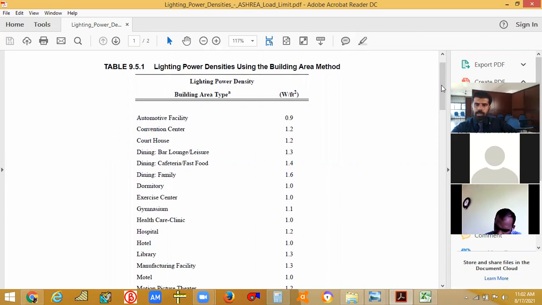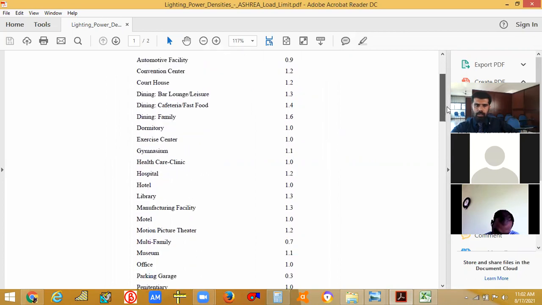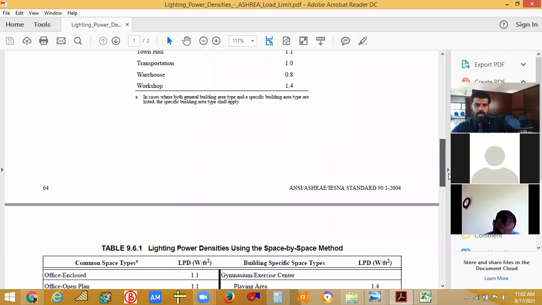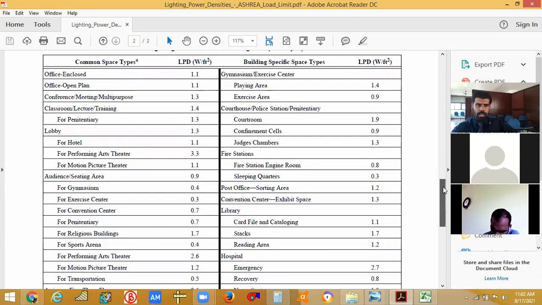You can see different building area types: hospitals, library, multi-family, post office. You can also see light power density using the space-by-space method: office, conference, meeting, multi-purpose, classroom, lecture room, lecture, training, classroom.